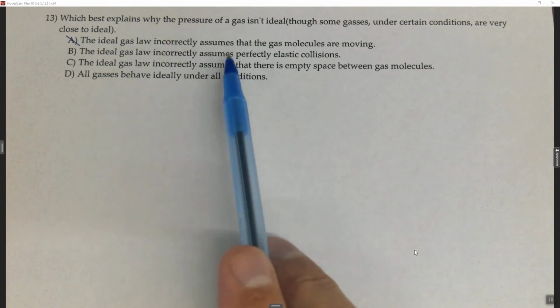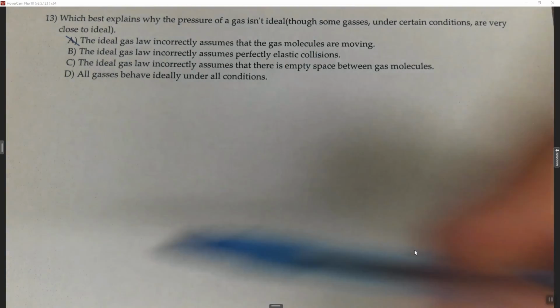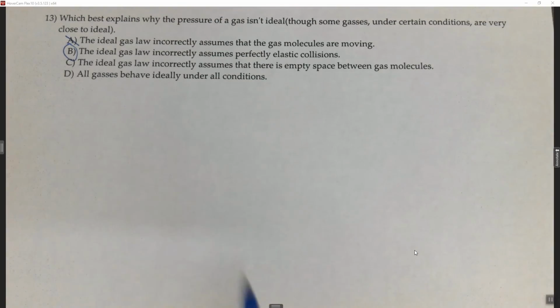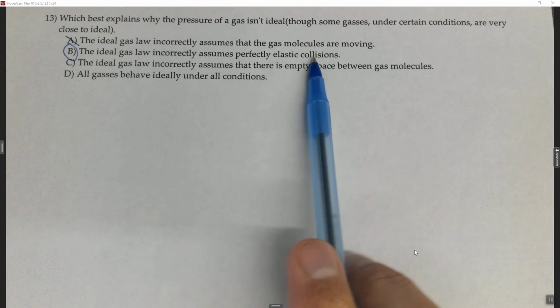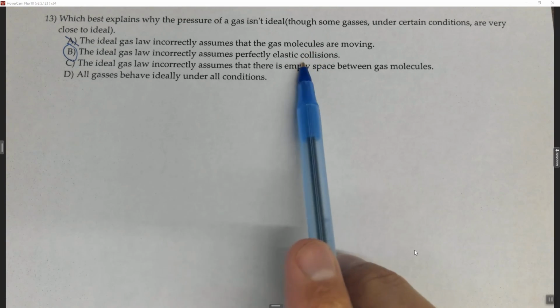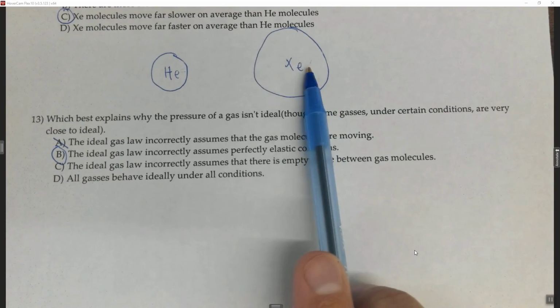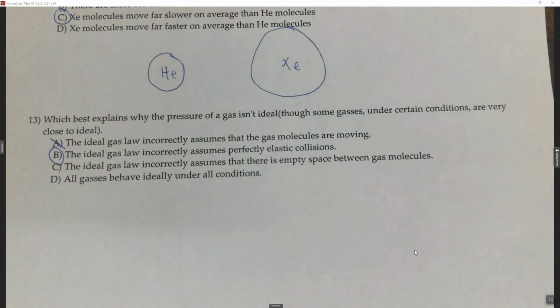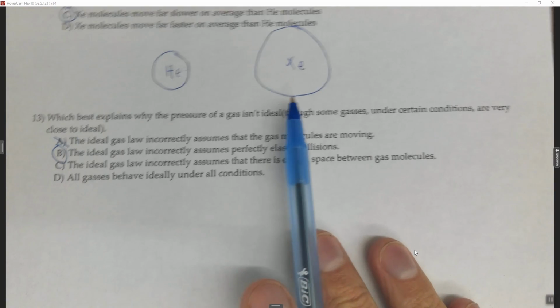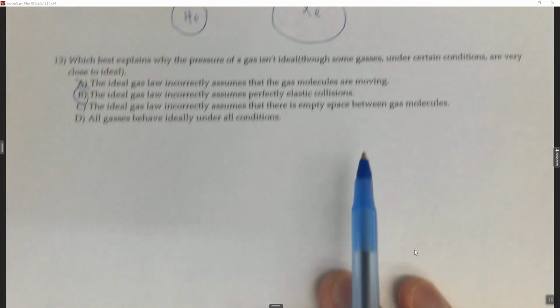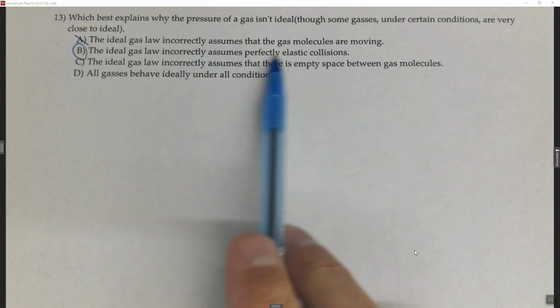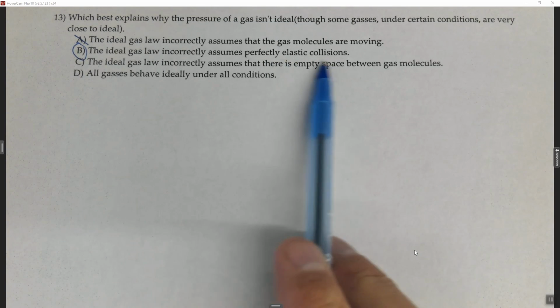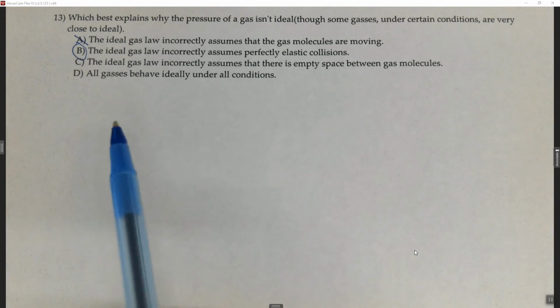The ideal gas law incorrectly assumes perfectly elastic conditions. This is correct, okay? In real life, gas molecules tend to stick together. Larger molecules tend to stick together more than smaller ones, as you'll learn in the next chapter on intermolecular forces. Additionally, if you have lower temperatures, the collisions tend to be less elastic and there are more of these intermolecular forces.